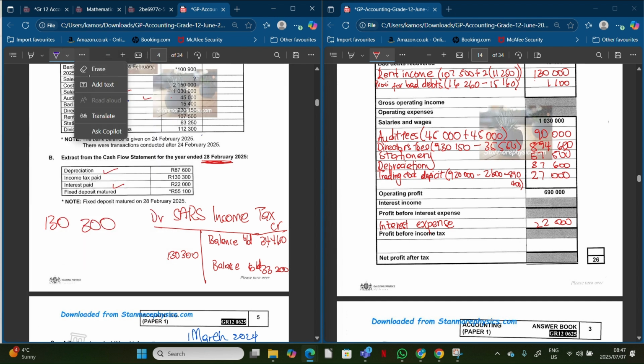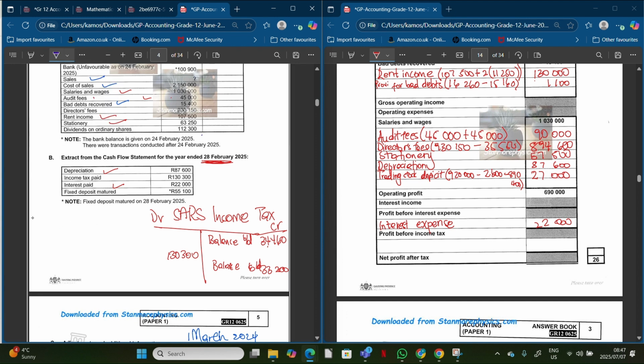Remember, I'm just going to remove this amount here because I need space to calculate. When you are calculating the closing balance, you would have your opening balance, then you would add your tax expense, meaning the tax that was charged to you in that year.